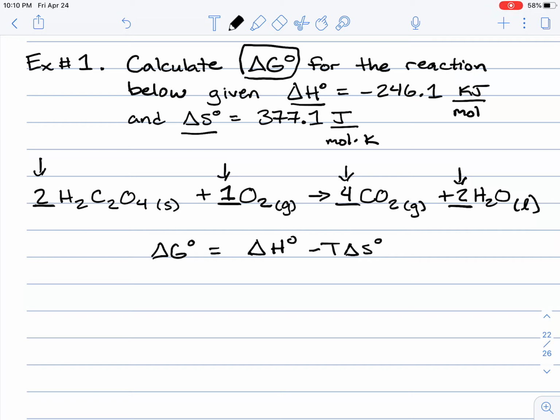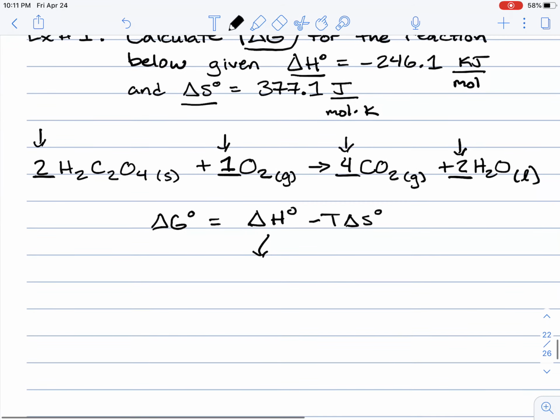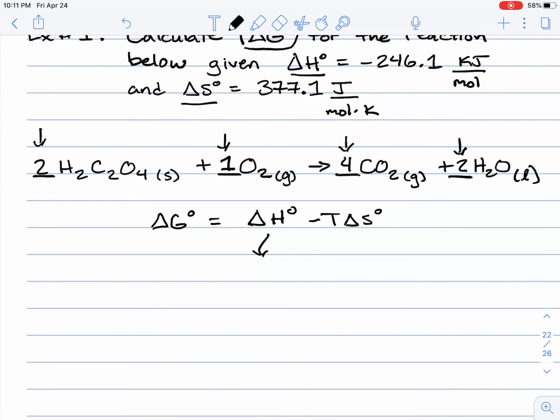And so all we have to do in this scenario is just plug in our values. Now, when we plug in our values, we want to make sure that our units match. Notice that I'll go ahead and highlight it. We have kilojoules for enthalpy, we have joules for entropy. And so you want to convert one to the other. For me, it's just easier to go from kilojoules to joules, just multiply by 1,000.